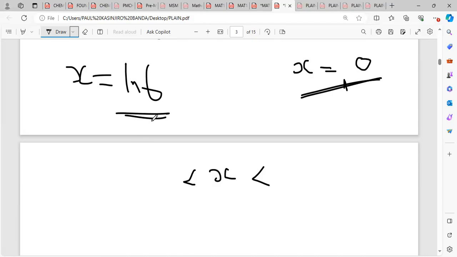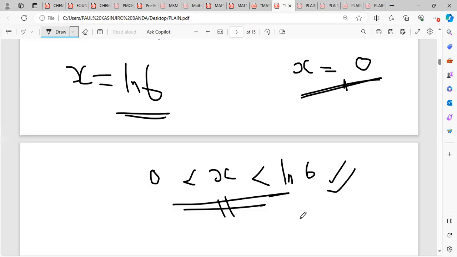So which one is greater, ln 6 or 0? ln 6 is giving us 1.8, meaning ln 6 is bigger. So you're going to put your ln 6 there, then your 0 there. So this is your answer to that question that we are answering. If you have any question, you can ask.